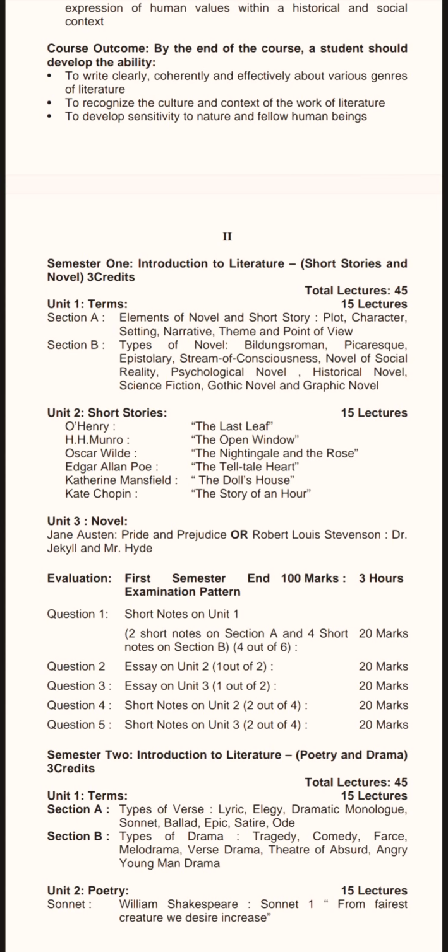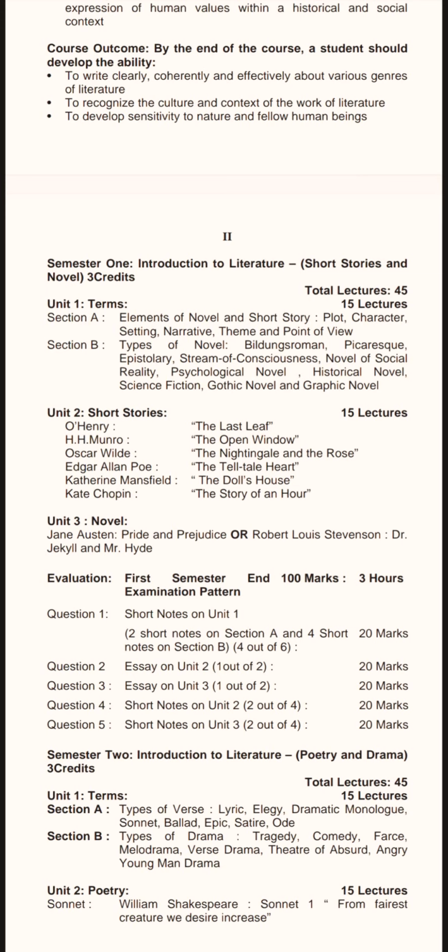Each and every novel or short story has its own setting. Then narrative. In the narrative we are going to see which narrative style, like first person narrative, second person narrative, or third person narrative, in which the story is told.